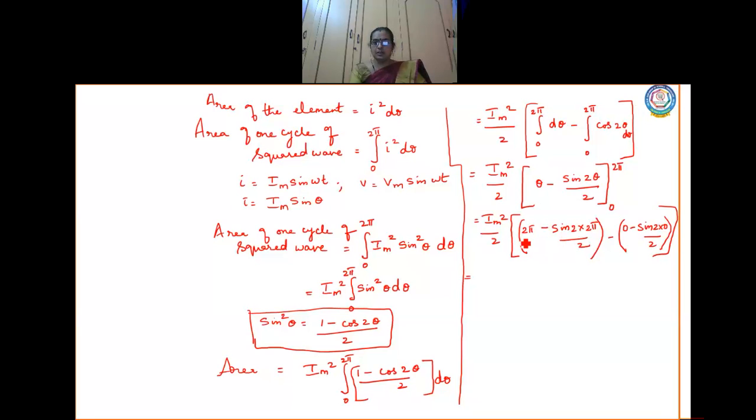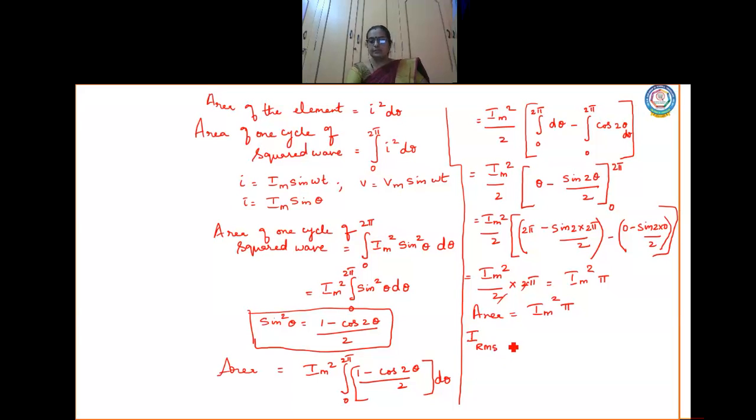So I will have Im square by 2 into 2 pi. I can also write this as Im square pi, because the 2 gets cancelled here. This is nothing but the area, right? Im square pi.